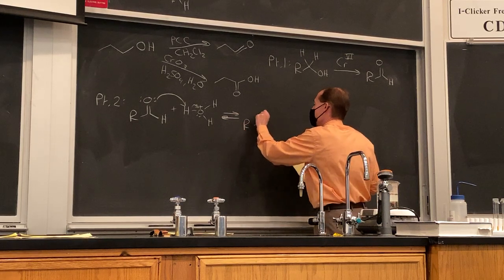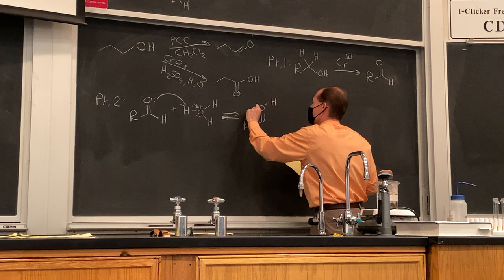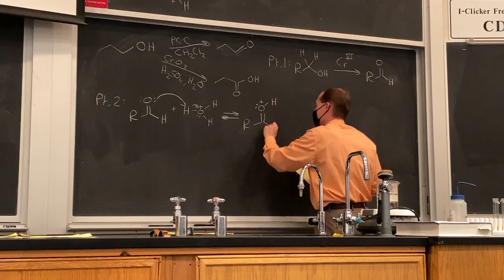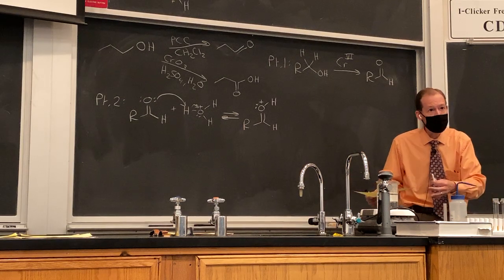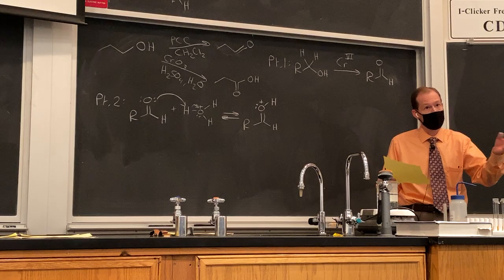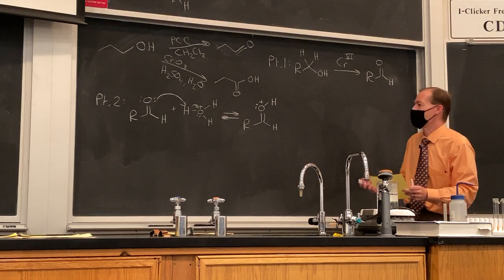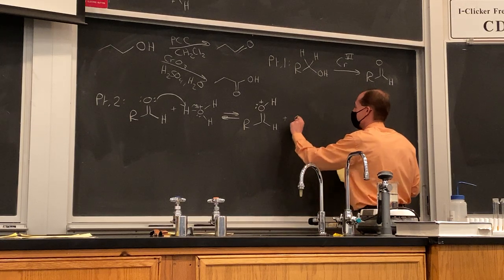And we've actually seen a step like this before when we were drawing the actual mechanism of the mercury-promoted hydration of alkynes. We formed a carbonyl and we protonated that carbonyl at one point in the mechanism. So we've seen protonations of carbonyls before.